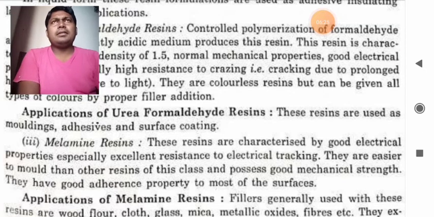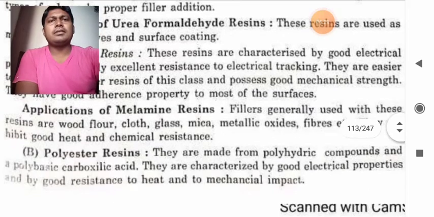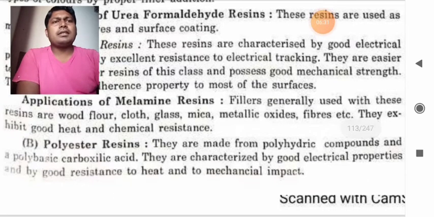Application of melamine resins. Let us now discuss. Fillers are generally used with these resins, which are wood flour, cloth, glass, mica, metallic oxides, fibers, etc. They exhibit good heat and chemical resistance.